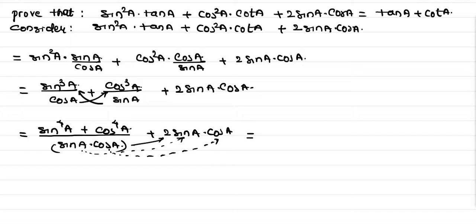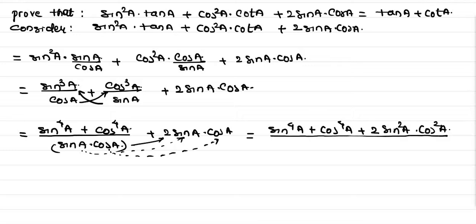So the next step comes as sin 4a plus cos 4a plus 2 sin square a into cos square a, divided by sin a into cos a.